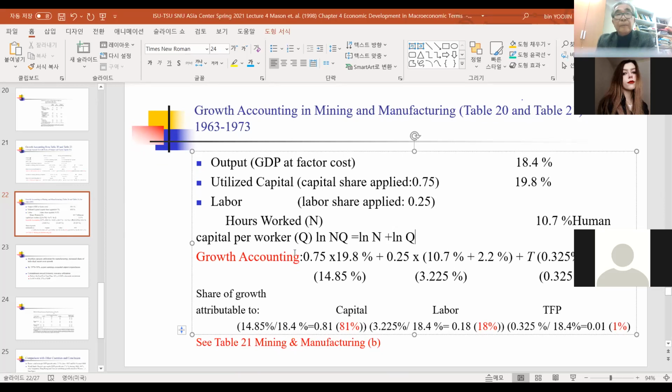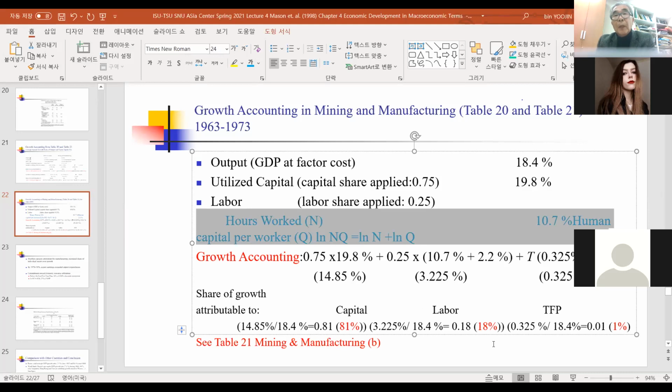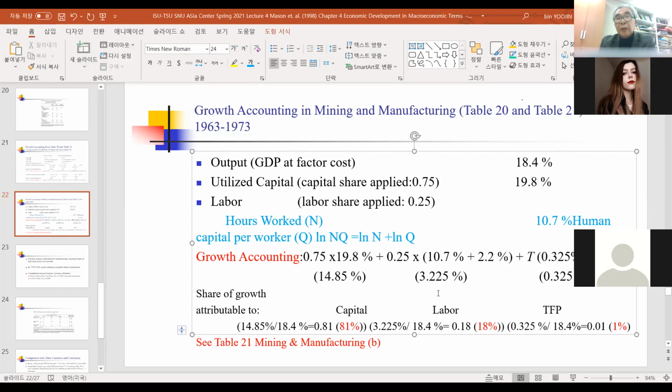If you denote it this way, you can have this interpretation. So you have to add the quality growth rate to working hours to come up with the total growth rate of labor, right? So if you multiply by the labor share, you get 3.225%. Okay.